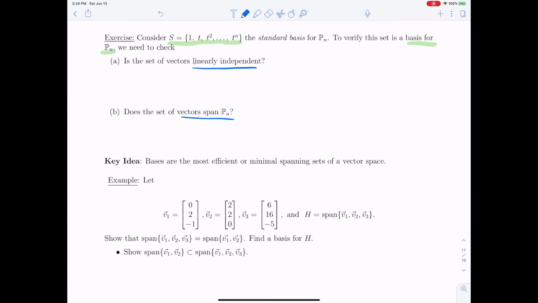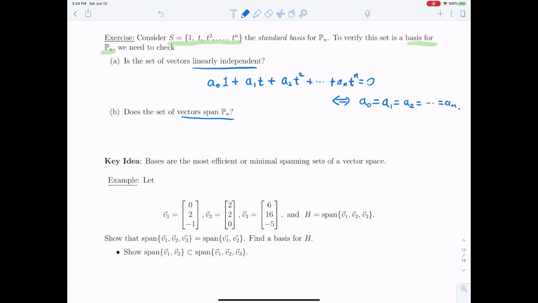Okay, so for the linear independence, suppose that you have a vector equation given by a sub 0 times 1 plus a sub 1 times t plus a sub 2 t squared and so on plus a sub n t to the n equals 0. Then we know that the polynomial equals 0 if and only if all the coefficients are 0.